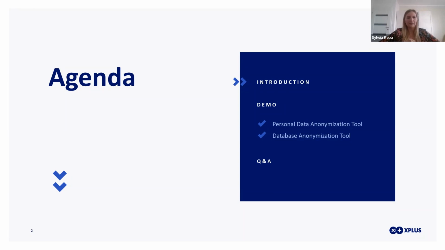To go into more detail, our data protection suite offers two separate tools which enable data anonymization in Microsoft Dynamics AX and its successor, Microsoft Dynamics 365 Finance and Operations. The first tool is for personal data anonymization, and it is especially useful when a customer contacts a company requesting to use his or her right to be forgotten.